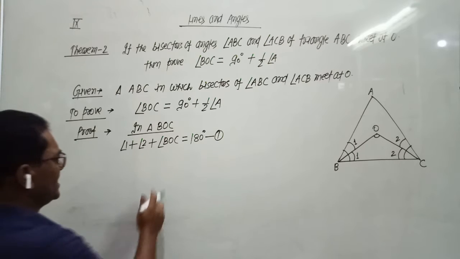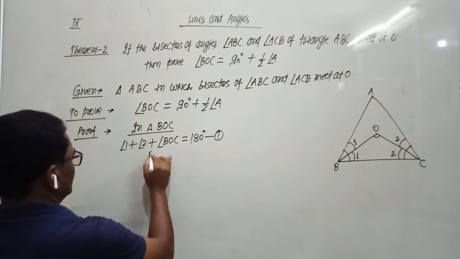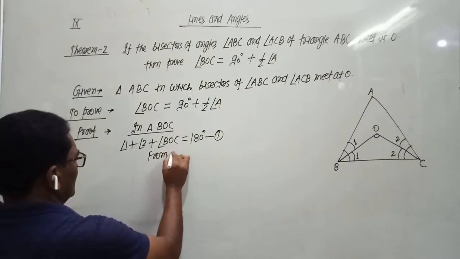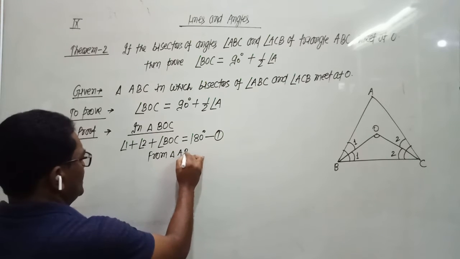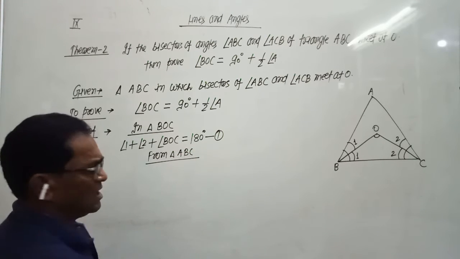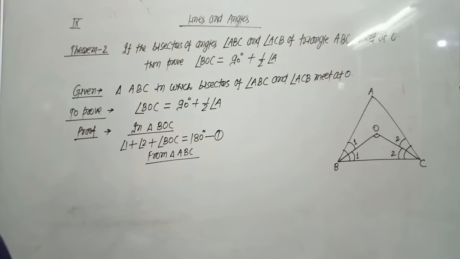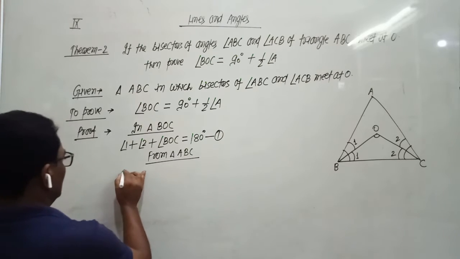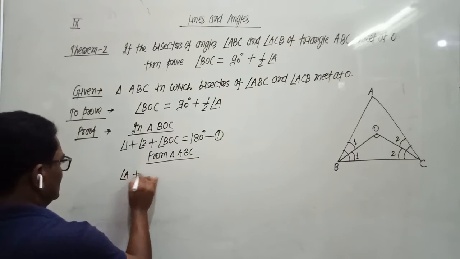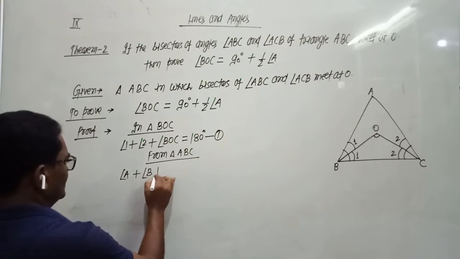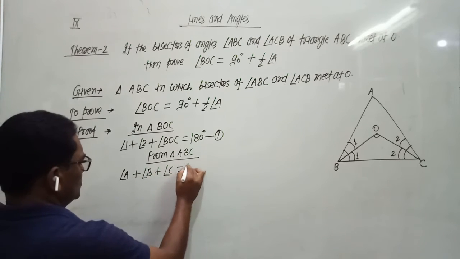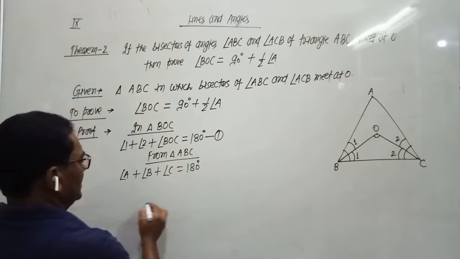Now from triangle ABC, we also know that the sum of three angles is 180 degrees. So angle A plus angle B plus angle C equals 180 degrees.